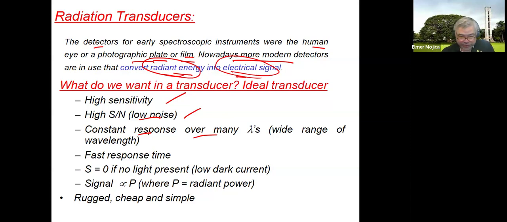In addition, we want it to have a fast response time. High sensitivity means as much as possible we want to see as little amount of the sample show some electrical signal. And high sensitivity also means low noise, because you want a high signal to noise ratio so you can differentiate what is the real signal and the noise.